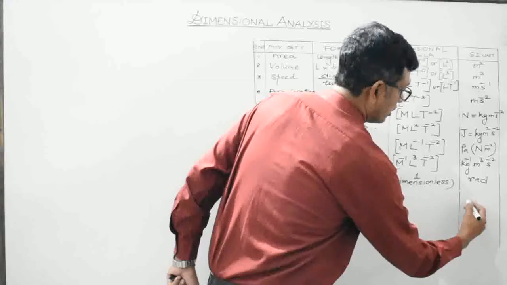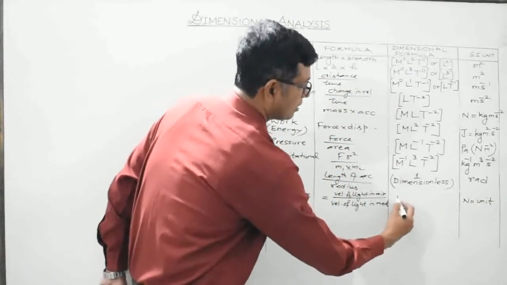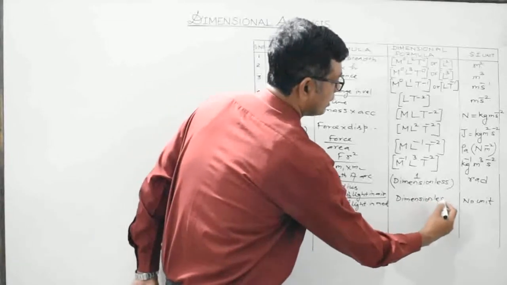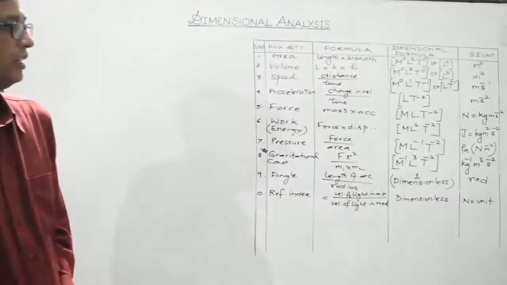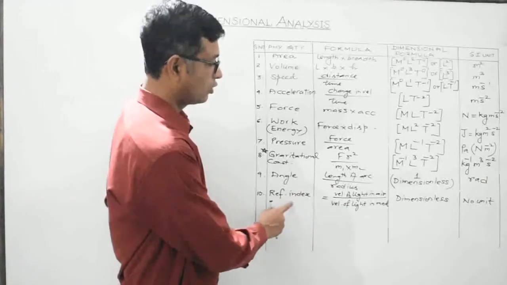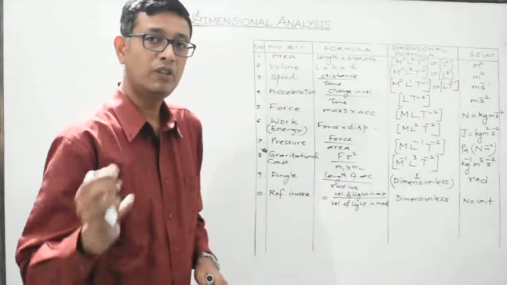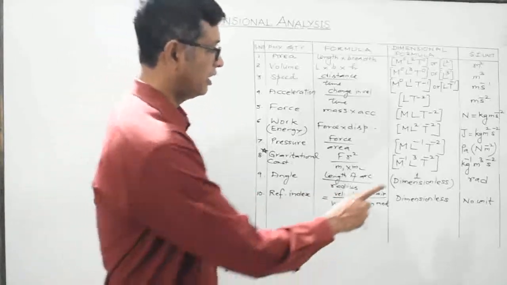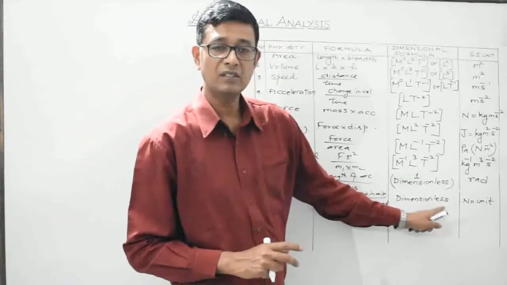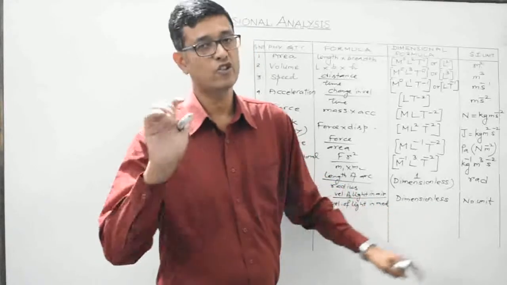So, it does not possess any unit and it is a dimensionless quantity. Right? So, the point to be noted down is, whenever a physical quantity is given by the ratio of two similar physical quantities, then it must be a dimensionless quantity. Dimensionless means those physical quantities which do not possess any dimensions.